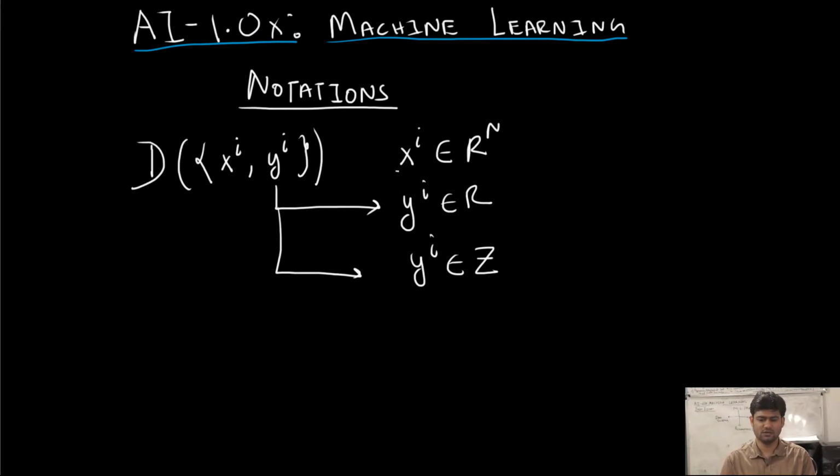So we'll denote this xi as the ith example in our data set. And this xi will have n components. So the notation xij would mean that we are referring to the jth component of the ith data point or the ith feature xi.